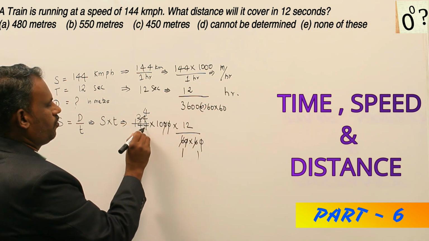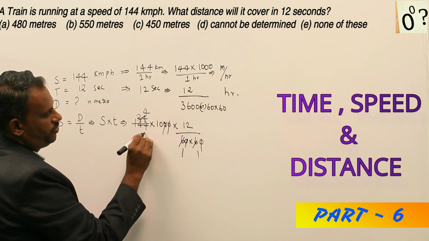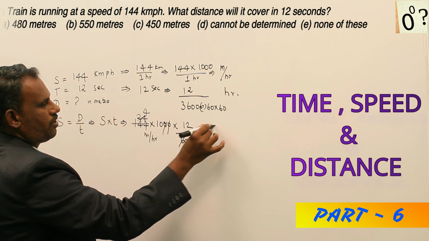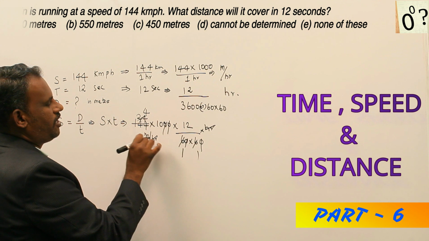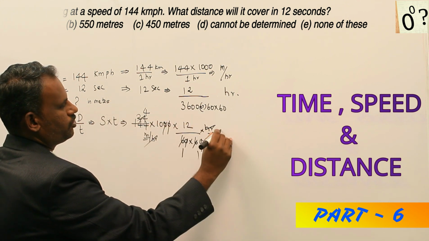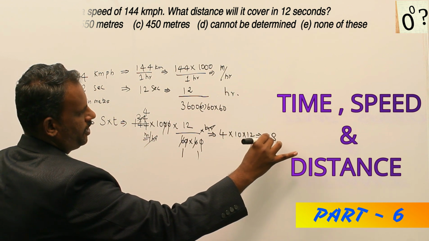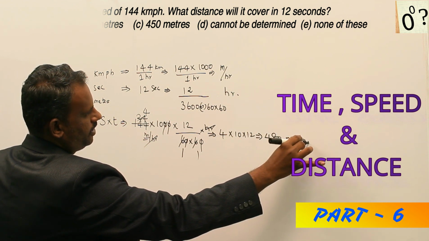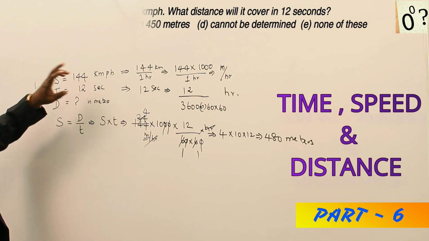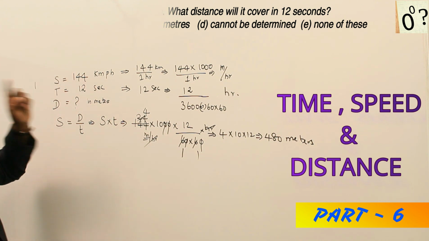The unit is meter per hour times hour, so hour is cancelled. We got the answer in meters only. So the answer is 4 into 10 into 12 equal to 480 meters. This is the answer.